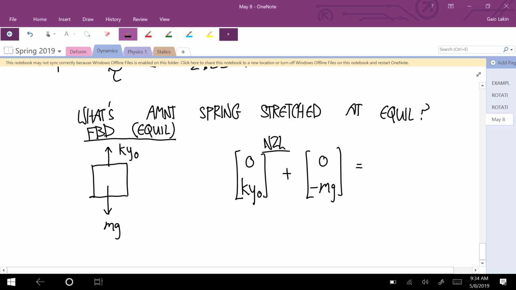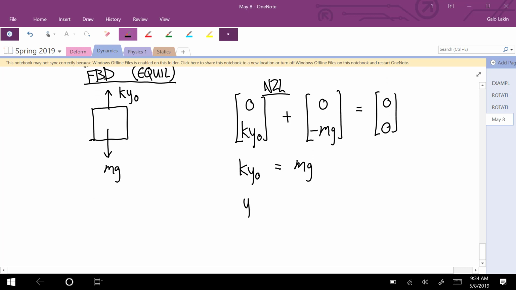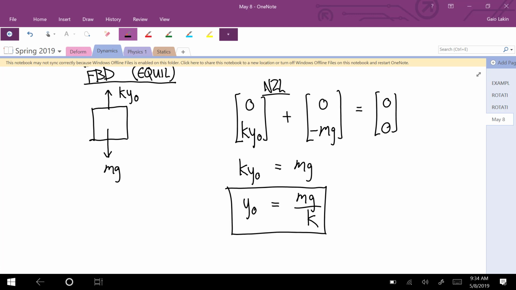And since it's at equilibrium, this is equal to 0. So KY0 is equal to mg. So Y0 is equal to mg over K. So that's how far above the equilibrium position the rest length of the spring is.